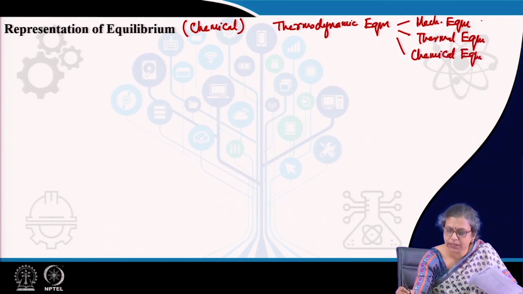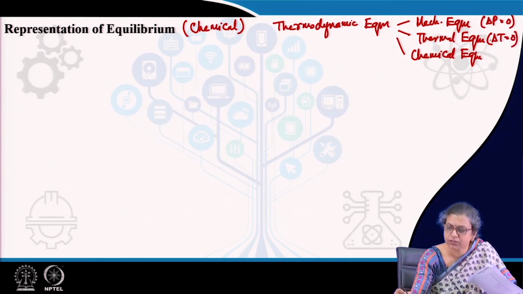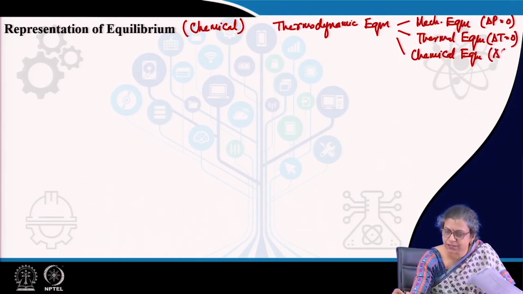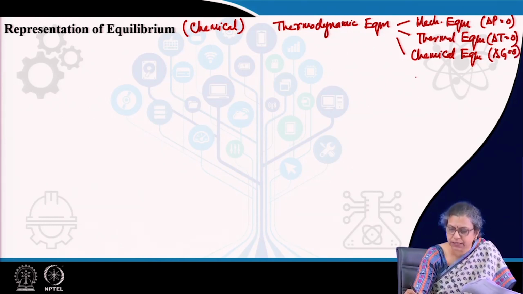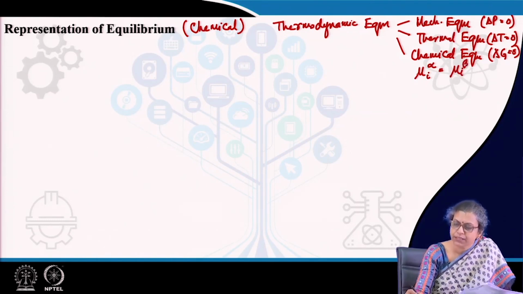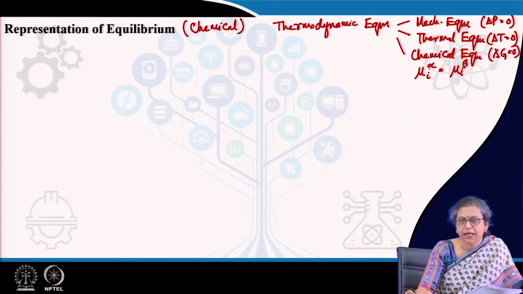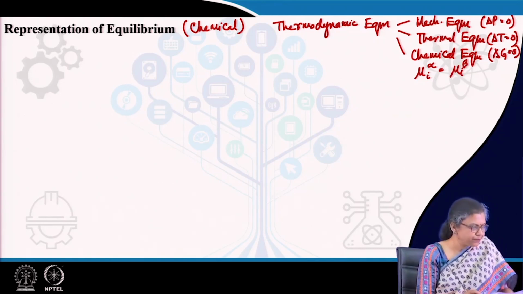Or in other words, delta P equals 0, delta T equals 0, meaning T is the same in all the phases, and in this case it is usually referred to as the Gibbs free energy, delta G equals 0, which automatically implies that mu of each component, suppose there are two phases alpha and beta, should be equal in the two phases.